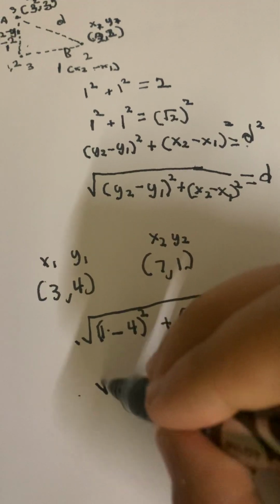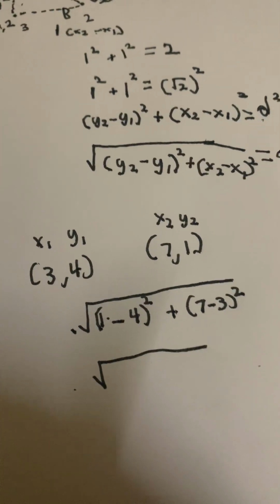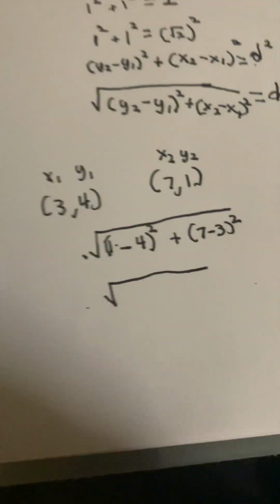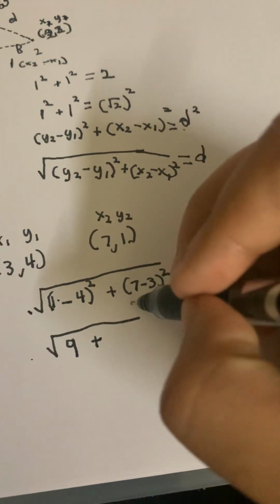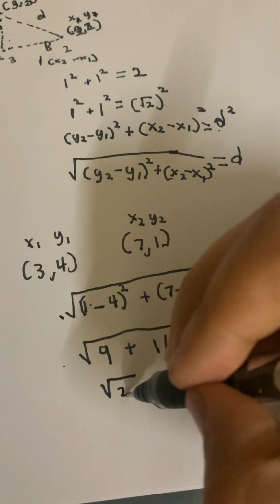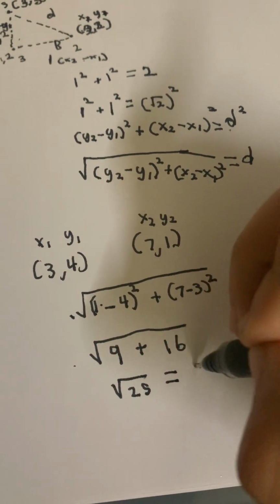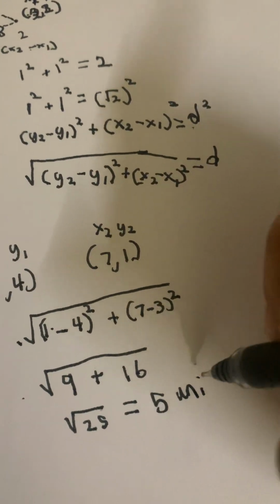You guys could pause and tell me if you get the right answer or not, although this is pretty easy, so I'm pretty sure most of you will. But 9 plus 16 equals 25, and then the root is 5. So the distance between these two points is 5 units.